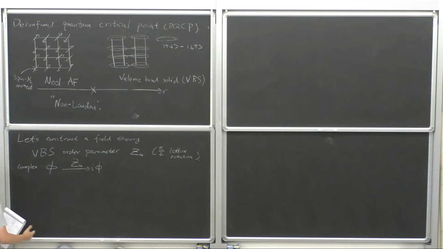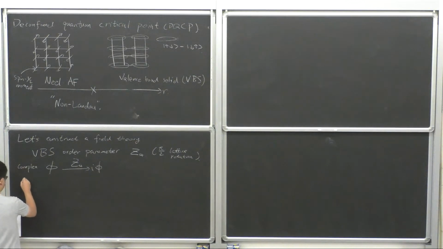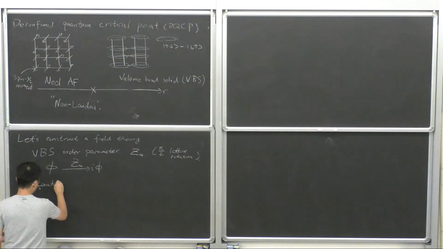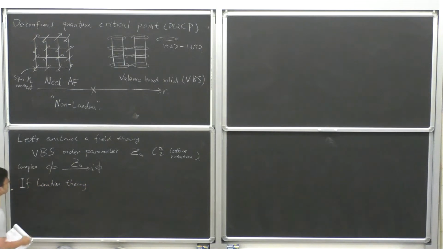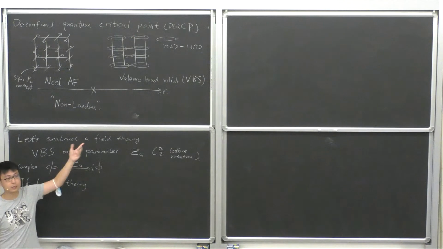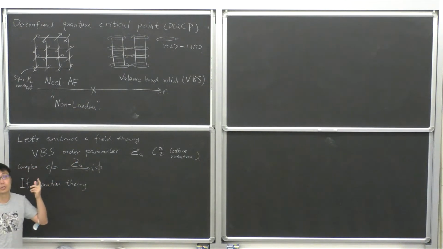So if you did the Landau theory, which we know is incorrect, but if you did it anyway, then the transition from a phase where this Z4 is broken, like the VBS, to a symmetric phase will be described just by the Wilson-Fisher transition.